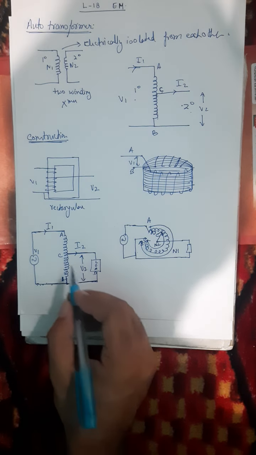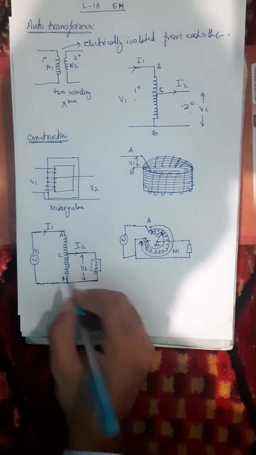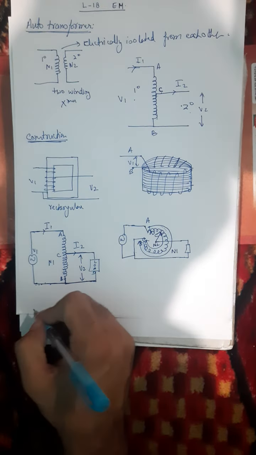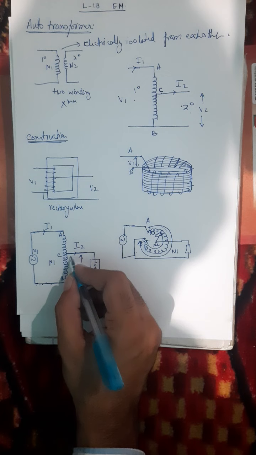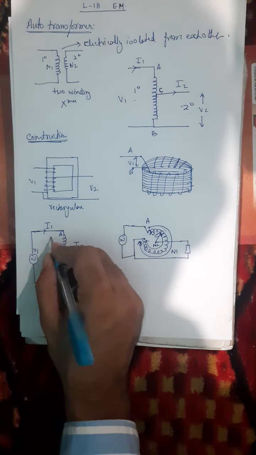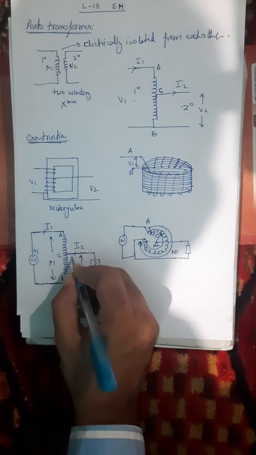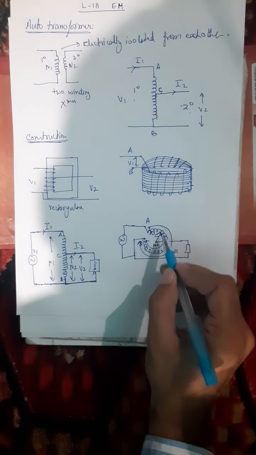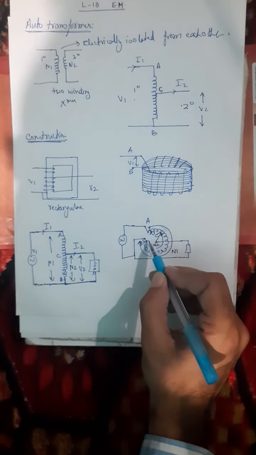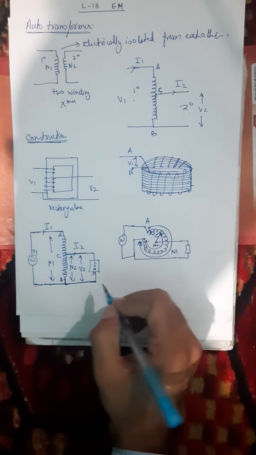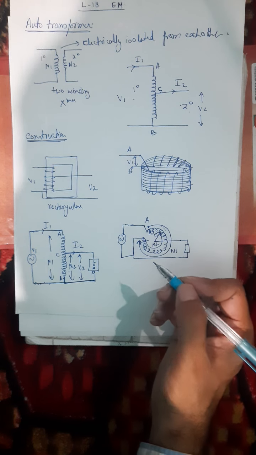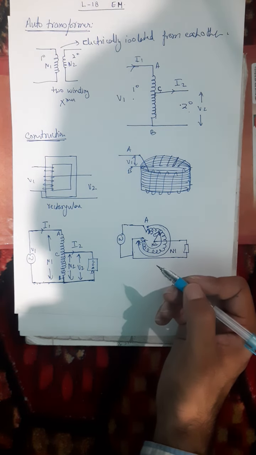Okay, the number of turns in winding AB is taken as N1, and the number of turns in winding BC is taken as N2. So turns from here to here, N1, turns from here to here, N2. Thus one section of the same winding acts as the primary, and another section of the same winding acts as the secondary.